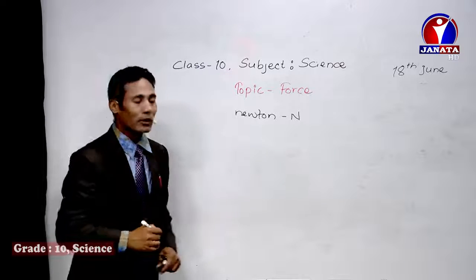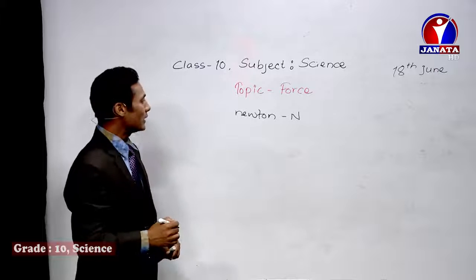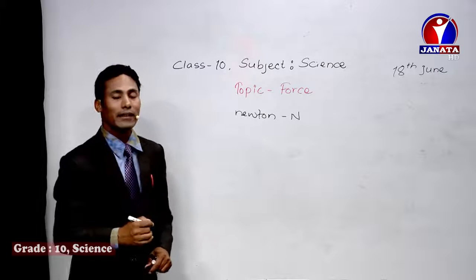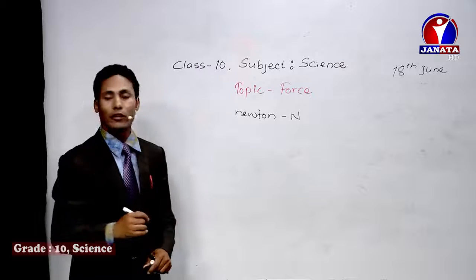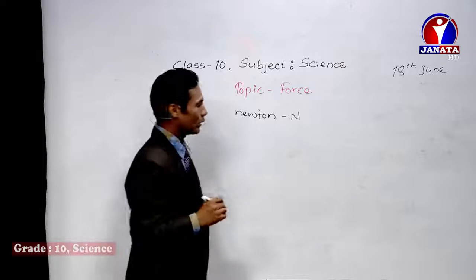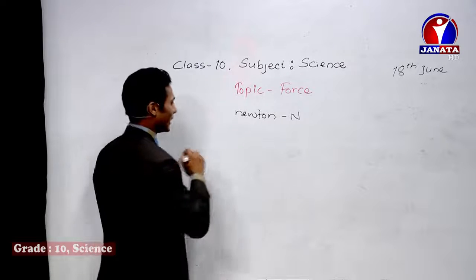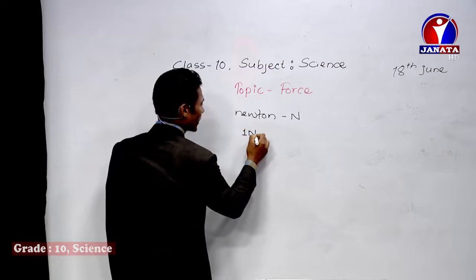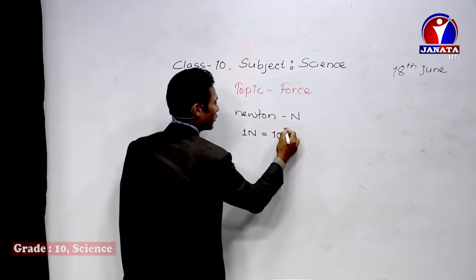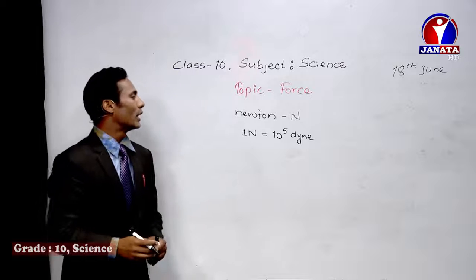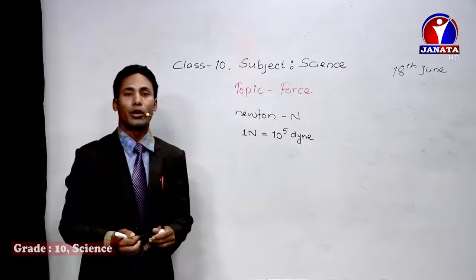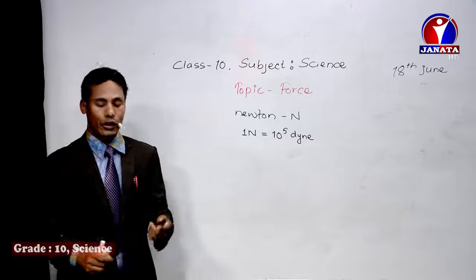This is the SI system of units, and in the CGS system of units we measure it in dyne. Dyne is the CGS unit for the measurement of force. The relation between Newton and dyne is that 1 Newton force is equivalent to 10 to the power 5 dyne. Sometimes it may be useful while solving numerical problems, so you need to remember this also.